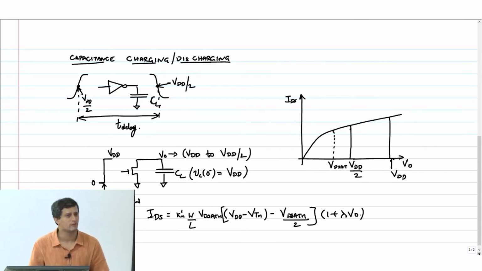Suppose this is a long channel device, then this would be in saturation, where this would just be Kn prime by 2 W by L, VGS minus VT, VDD minus VT the whole square. Okay. So let me not worry about all that. I will just write this as I naught into 1 plus lambda V naught. Whether it is velocity saturated or not, or it is in saturation, I naught is independent of V naught. That's the only thing I am worried about.